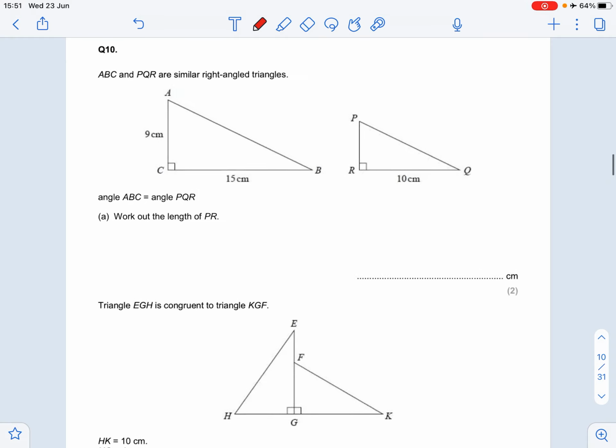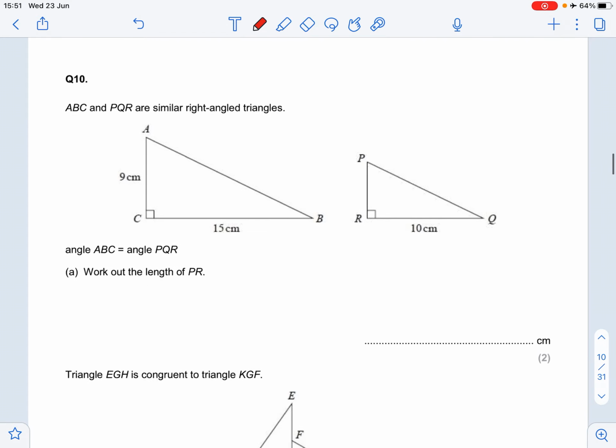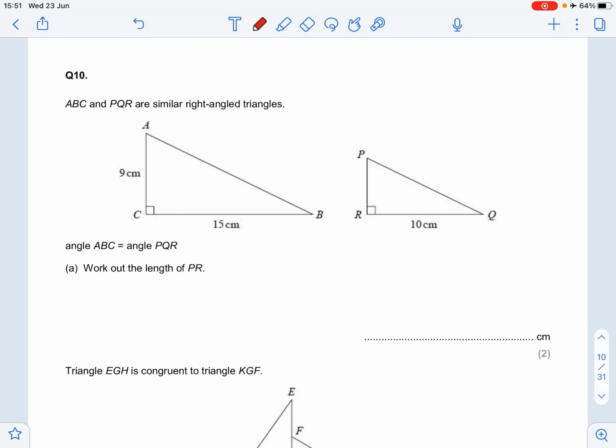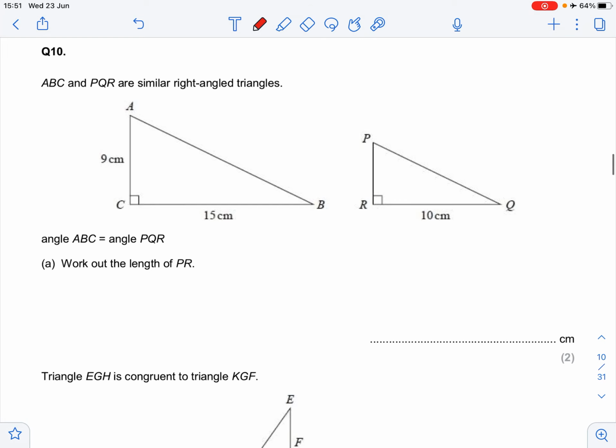Question 10. We're told that the two triangles ABC and PQR are similar right angles, and angle ABC is equal to angle PQR. We have to work out the length PR.